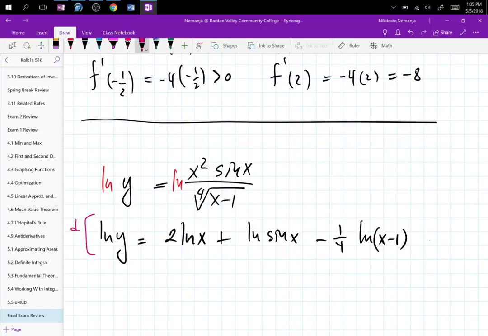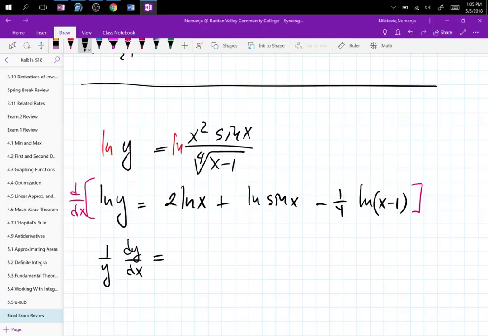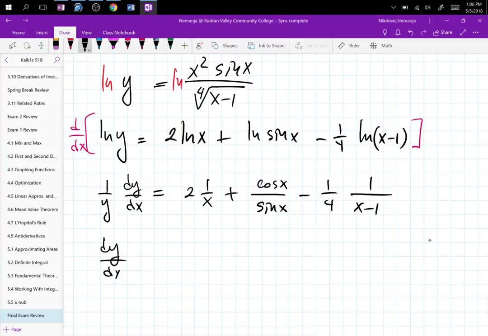So now we do the derivative, right? When you take derivative of y in respect to x, follow with the chain. On the right hand side, we get 2 times 1 over x plus ln. You put the function on the bottom and its derivative on top, which is cosine x. Dx alone.